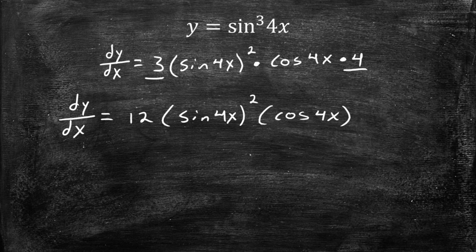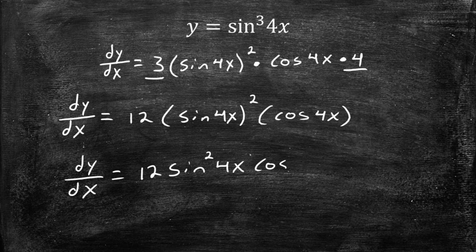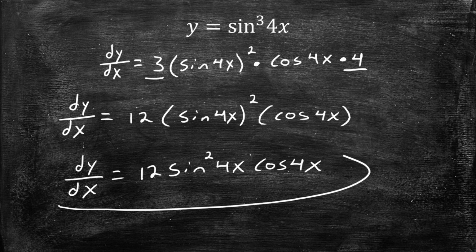However, if you want to use the same notation that the problem gave us, we would have 12 sine squared 4x cosine 4x. You just put that exponent right there. So that there is our derivative. Therefore, this example is complete.